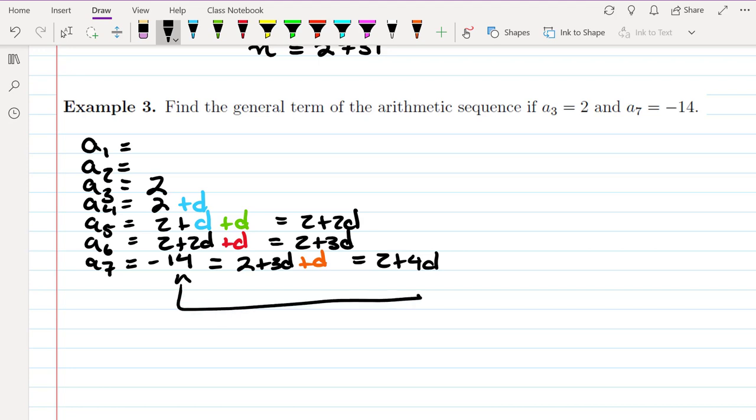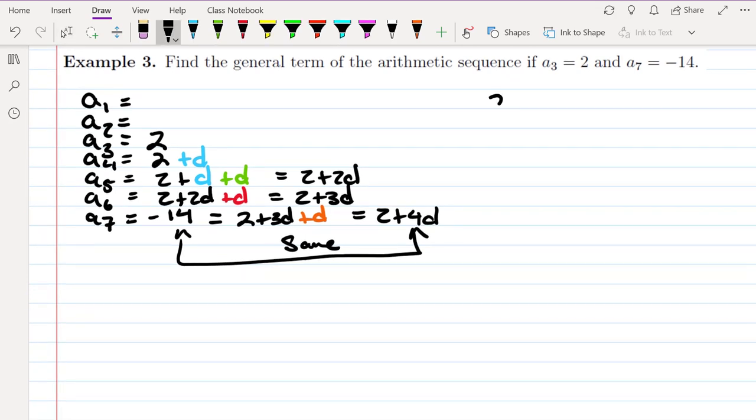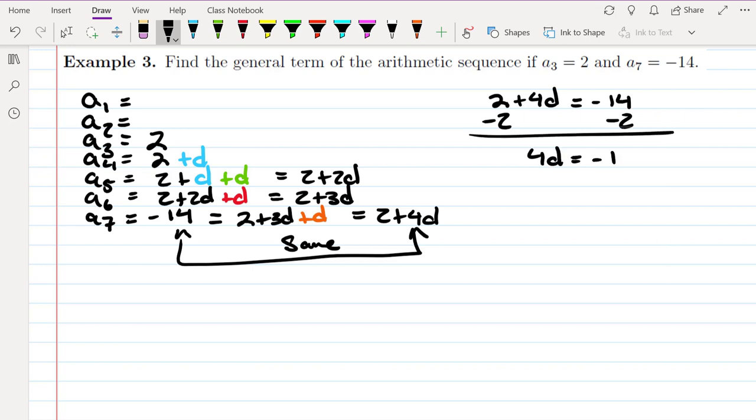So then these two things would have to be the same. So that tells us that 2 plus 4d has to equal negative 14. So we subtract 2, and we get 4d equals negative 16. Divide by 4, and we get d is equal to negative 4.